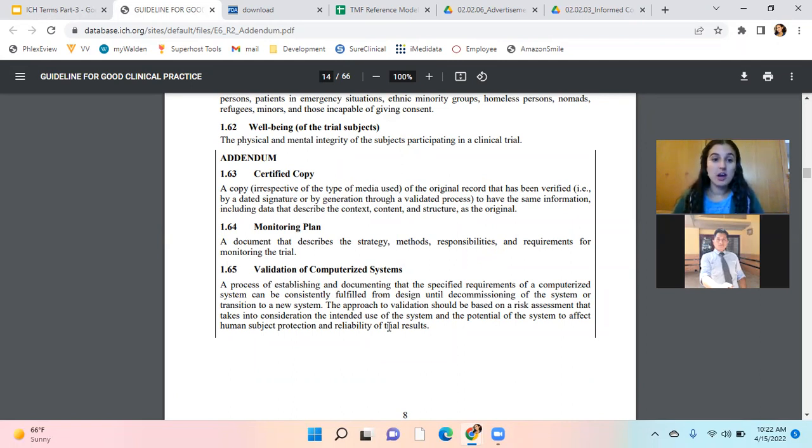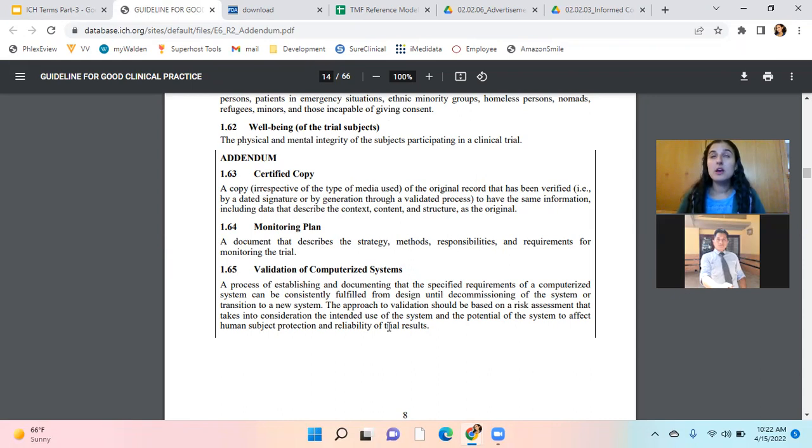So it's interesting to see that of the 3 items, basically 2 of them have to do with systems and TMF. The middle one, monitoring plan: we talked about monitoring when a CRA goes out to the site. But now it's very common to have a monitoring plan, describing the strategies, the methods, the responsibilities, and the requirements for monitoring the trial.